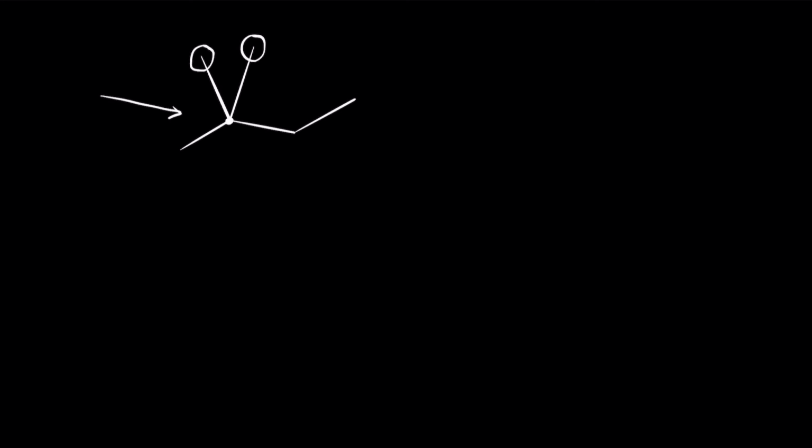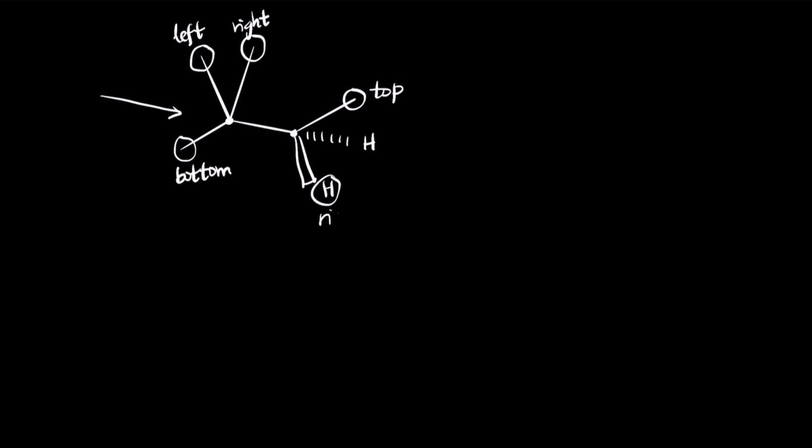You can consider any one of them on the left and right, and the one on the bottom becomes the bottom, and this one becomes the top. Here both are attached, so any one of them can be left, the other can be right. And here there is nothing there, which means there are hydrogens here. So one wedge is hydrogen and the dash here represents hydrogen. So here hydrogen, this one becomes the right one, this one becomes the left one.